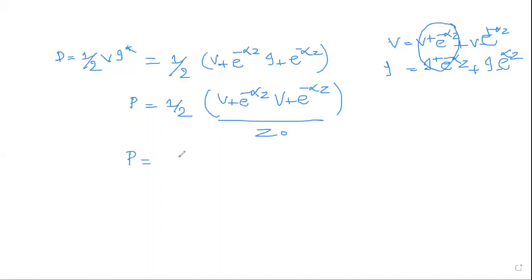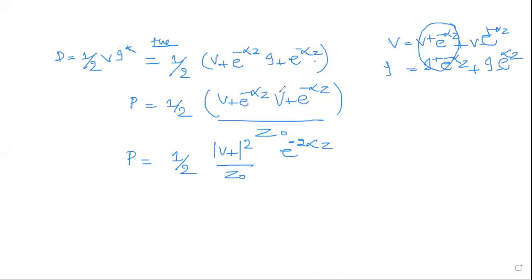If I simplify it, it is half into magnitude of V plus squared, e to the power minus 2 alpha z, divided by Z naught. Consider the power equation, half into V into I, only the positive z direction we are taking, so it is V plus e to the power minus alpha z, I plus e to the power minus alpha z.